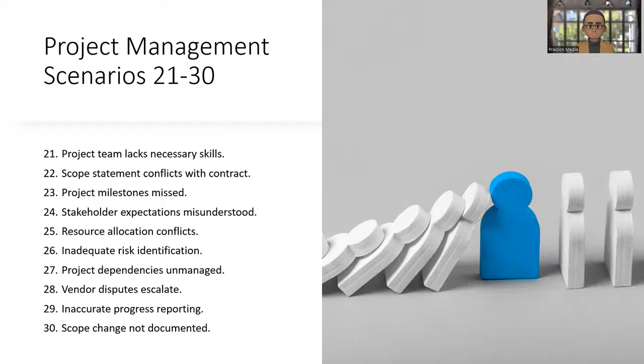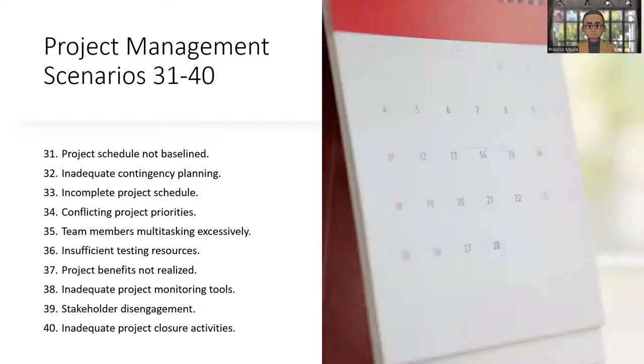So what do you do if resource allocation is conflicting with reality? What do you do if there's inadequate risk identification, or project dependencies are unmanaged, or vendor disputes escalate, or there's inaccurate progress reporting, or scope change is not documented? What do you do if the project schedule is not baselined, or there's inadequate contingency planning?